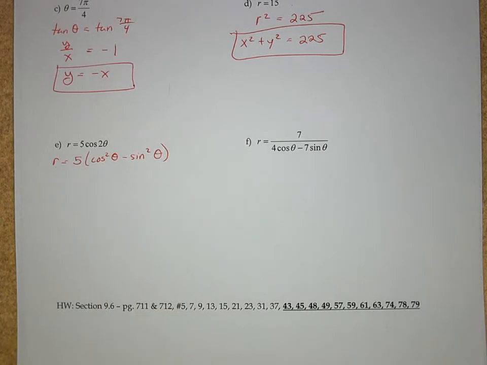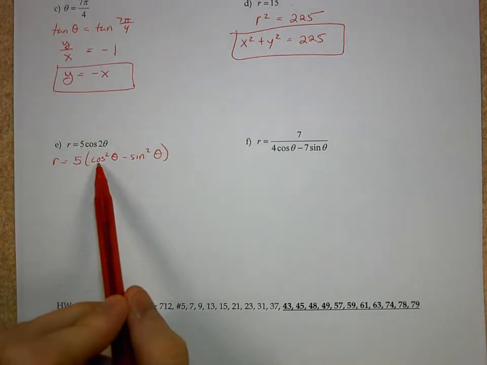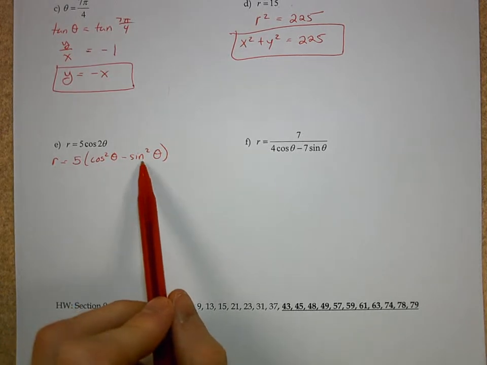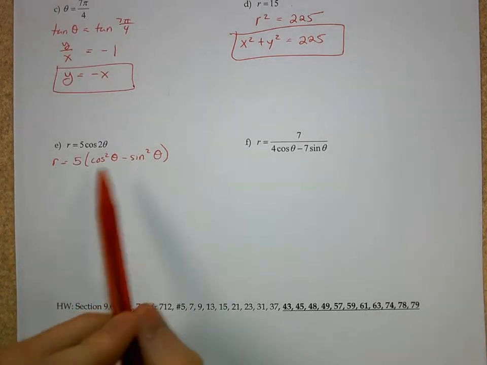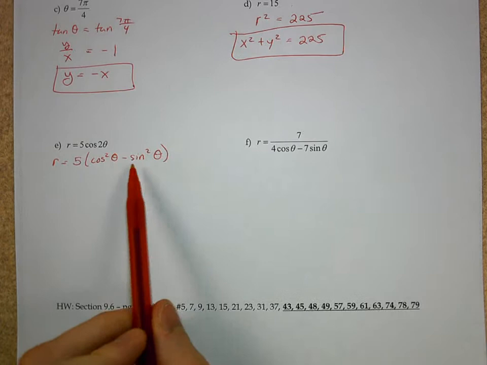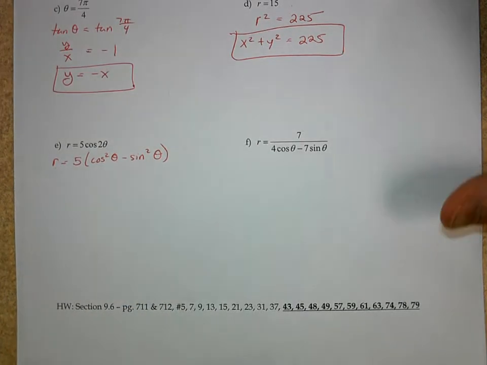But I would still have a cosine and a sine left over. Once I simplified, I'd have like x cosine theta, y cosine theta. So I have to multiply through by r again. So let's just multiply through by r squared. Because if I have r squared cosine squared theta minus r squared sine squared of theta, I can say x squared minus y squared. So let's do that.